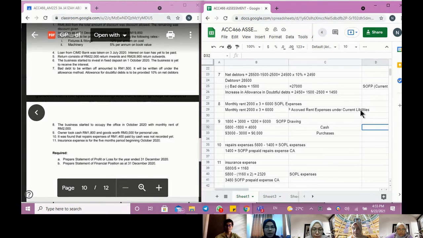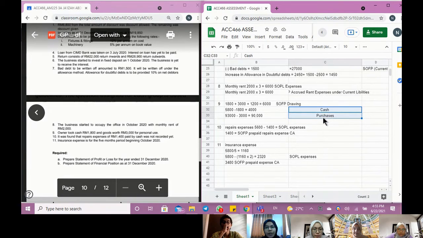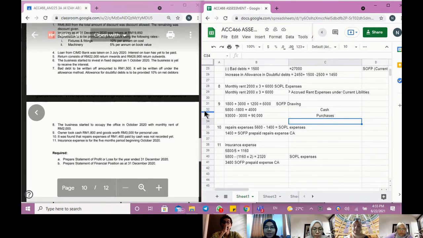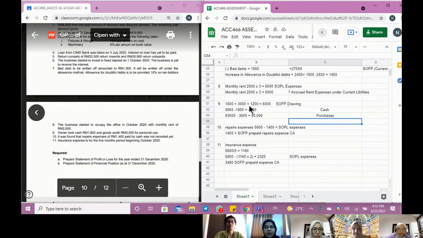For question number 9, the owner took cash of 1,800 ringgit and books of 3,000 ringgit for personal use. So there is drawing, and the amount of drawing will increase in the statement of financial position as the total: cash 1,800 plus 3,000 of goods, plus again 1,200 as the drawing given in the table.